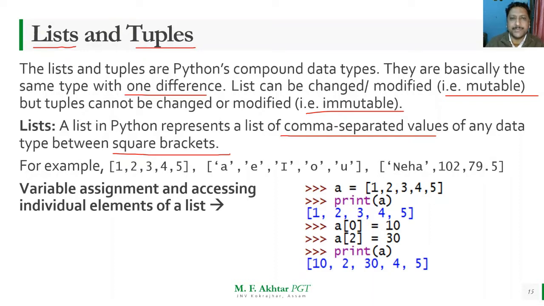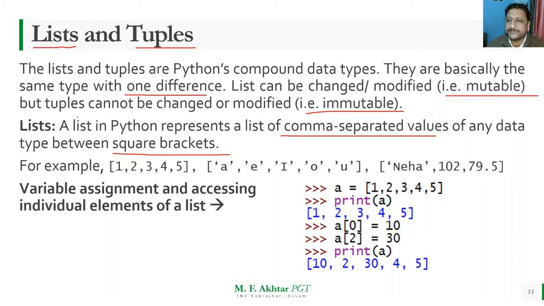But they can hold only one value at a time. In a single variable we can put only a single value. Sometimes we need to work with more than one value, a list of 10 values, 5 values, 100 values, and we have to deal with these things. For that purpose Python has given additional data types, that is list and tuple.